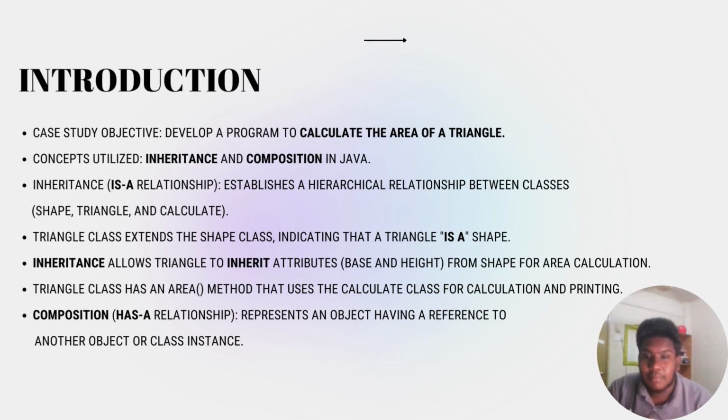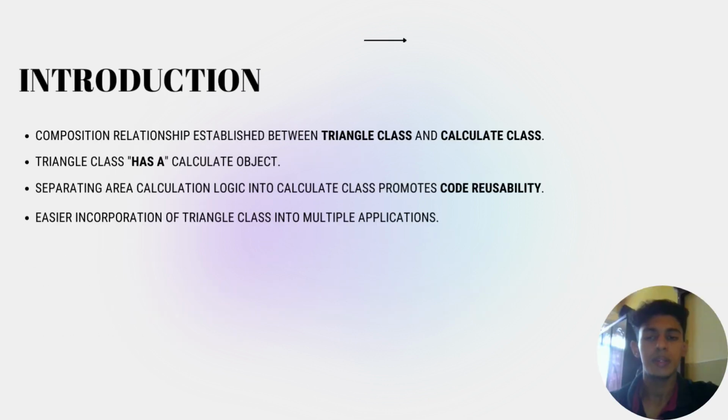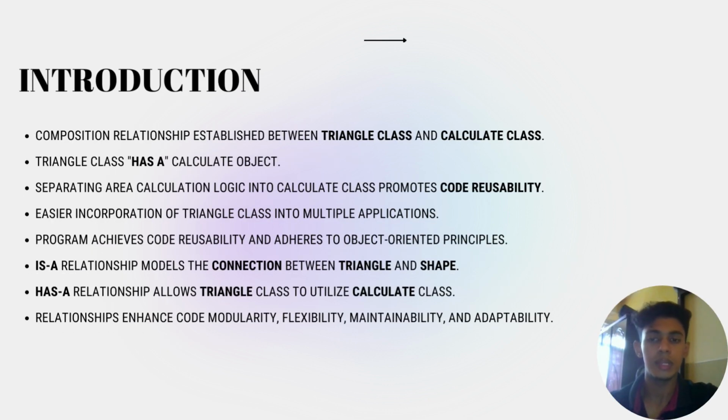The rest of the part will be explained by my teammate Sri Krishnan. So here's my turn again. Let's continue the introduction. The composition relationship is established between the triangle class and the calculate class. The triangle class has a calculate object. Separating the area calculation logic into the calculate class promotes code reusability.